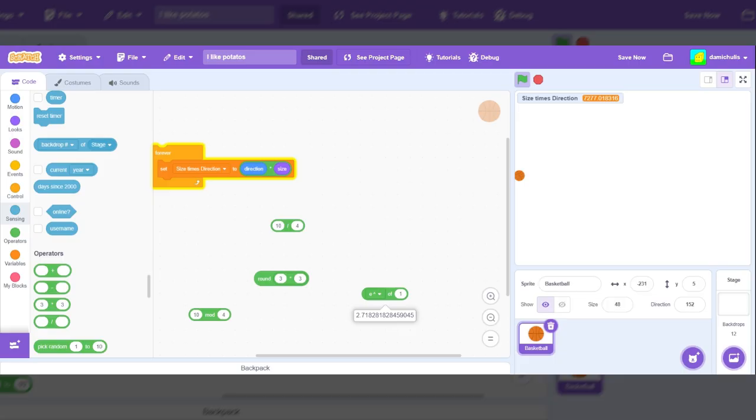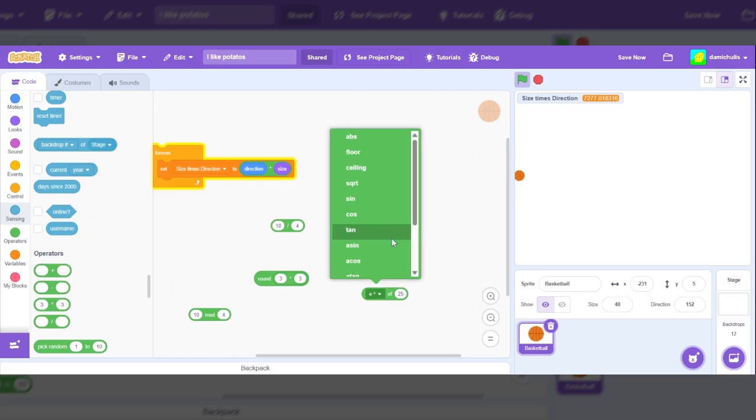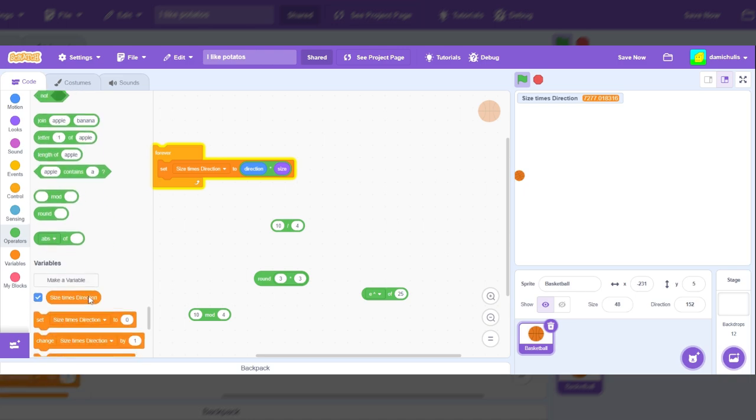It's e to the power of whatever number. Infinity. And then the next ones I can't explain because I don't know trigonometry.